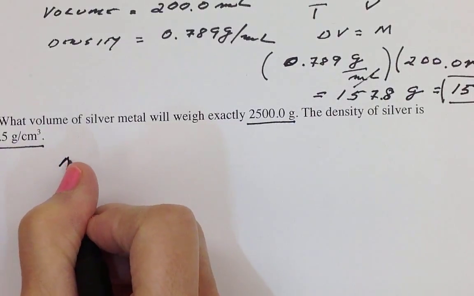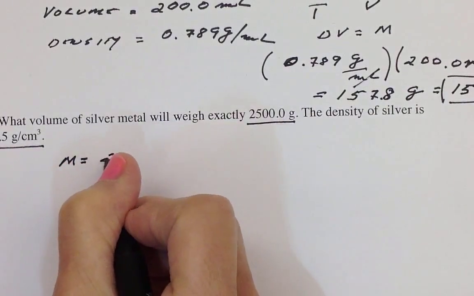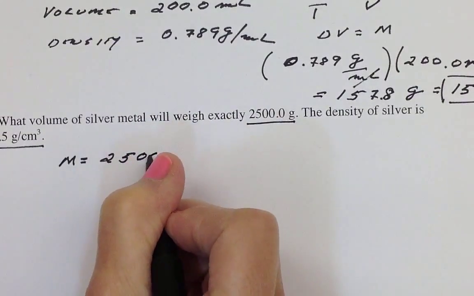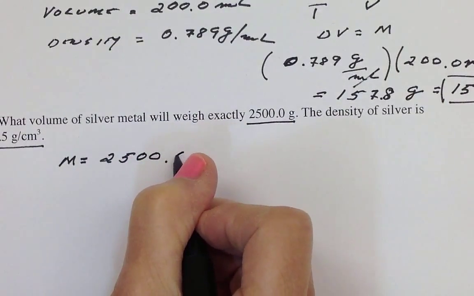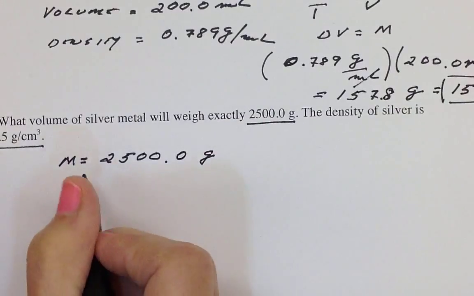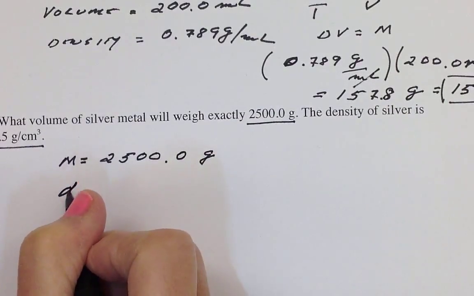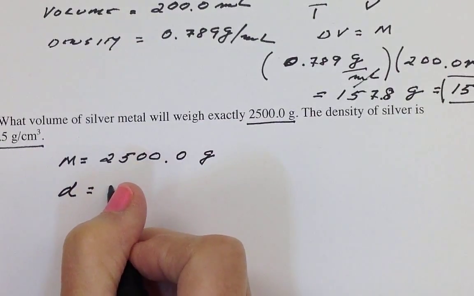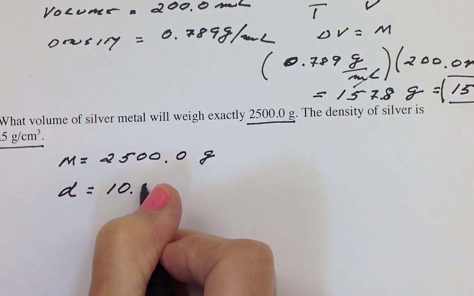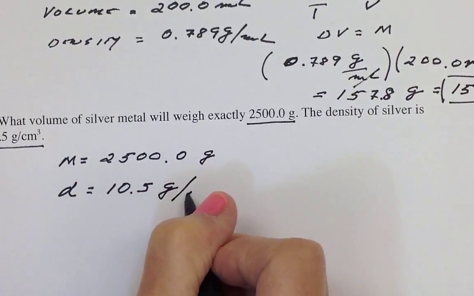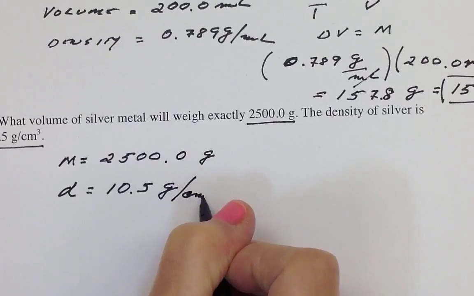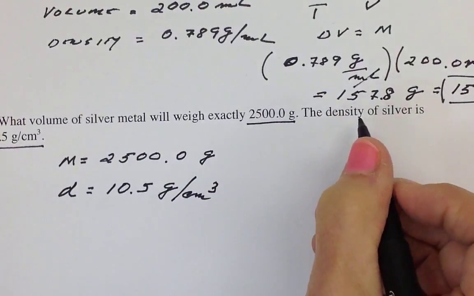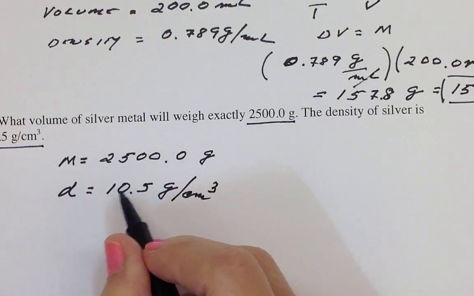So I have mass is given, and that is equal to 2,500.0 grams. And the density is equal to 10.5 grams per centimeter cubed.